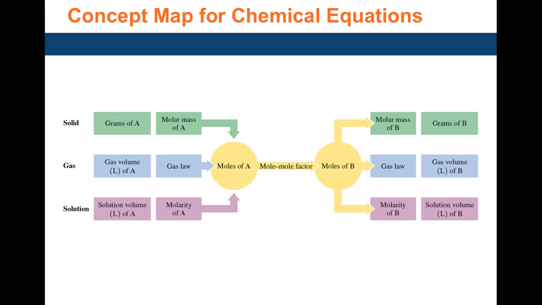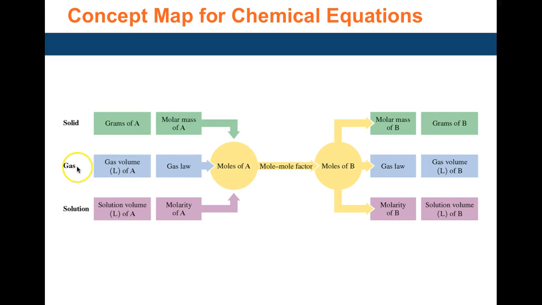So these are some ways that you can apply stoichiometry as well as what you learned in gas laws. If you take the grams of something and divide it by the molar mass, you get the moles of that reactant.